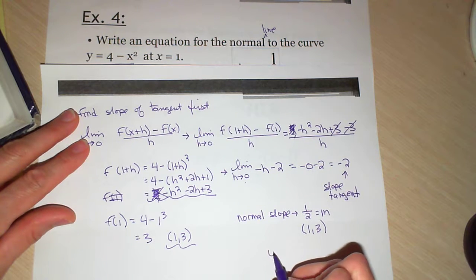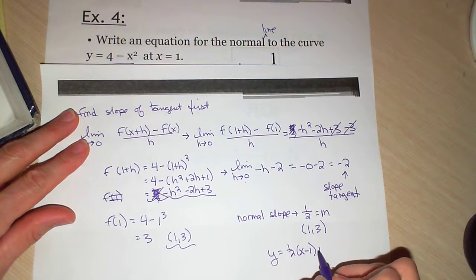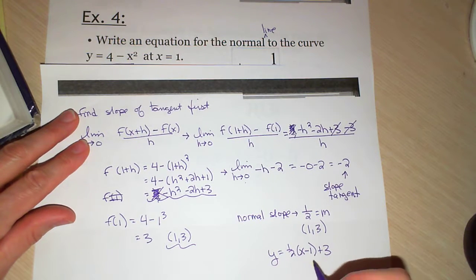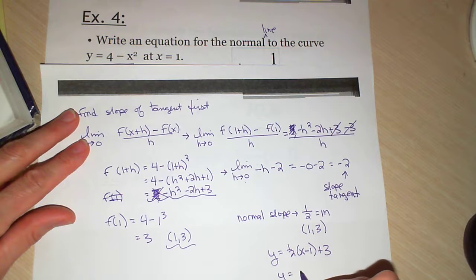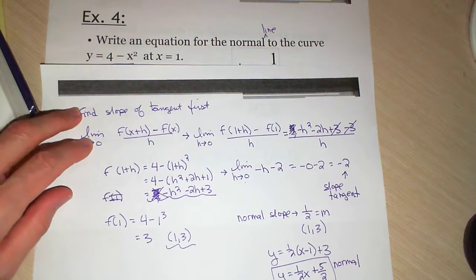So my equation is going to be y equals 1/2 (x minus 1) plus 3, or in point slope form. In slope intercept form, y equals 1/2 x plus 5 over 2. So that's the equation for my normal line.